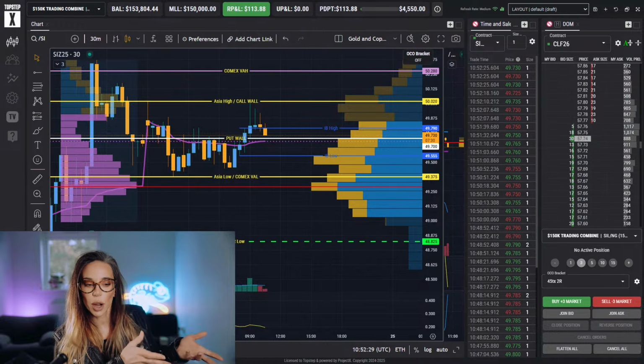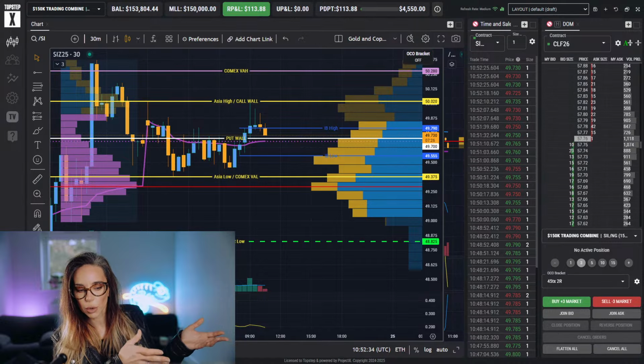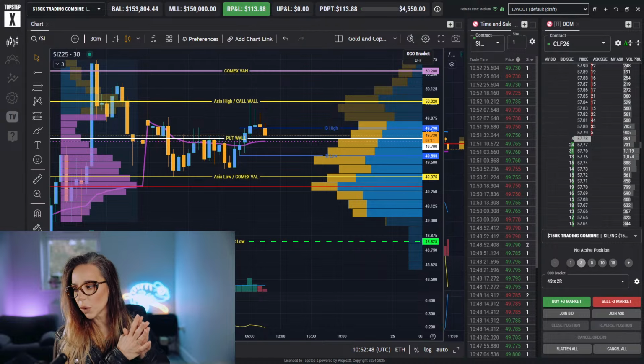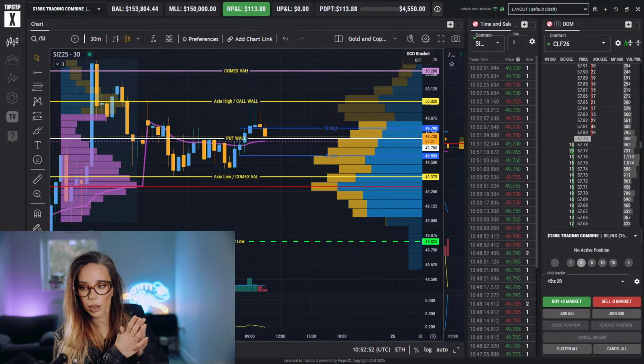Now, I'm not sure how many illiquid markets the banks would actually trade. What do you mean by illiquid? They wouldn't trade odd products just because, right? So for example, if you have RBOB and heating oil, very quiet. Why? Because people who trade heating oil, they have to be in it.